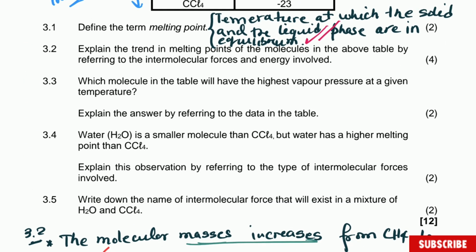Which molecule in the table will have the highest vapor pressure? And I want to point out something here. Higher vapor pressure will have lower melting and boiling point.